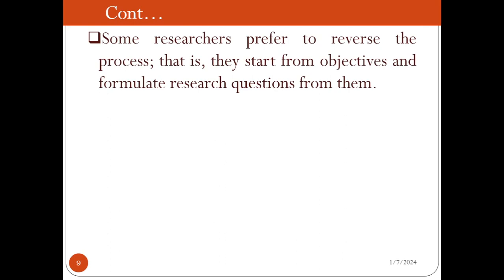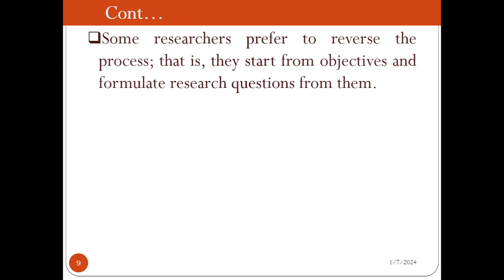So next, some researchers prefer to reverse the process. Right, what we did, we actually formulated our research question and we derived our objectives from our research question. But some other researchers initially formulate their objectives, then derive their research questions from their objectives. So that is quite possible. I mean, that is optional.